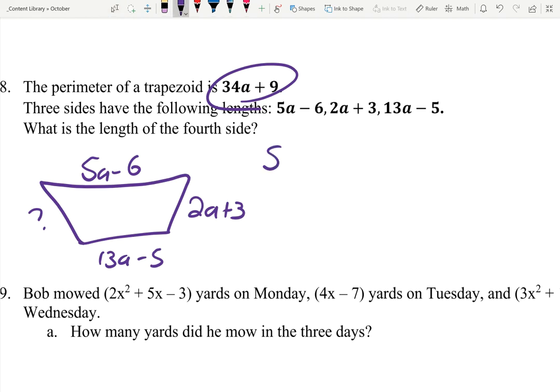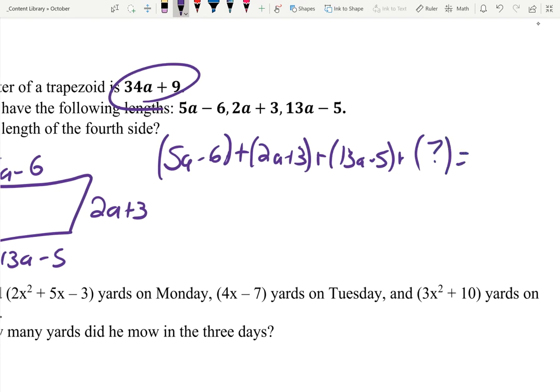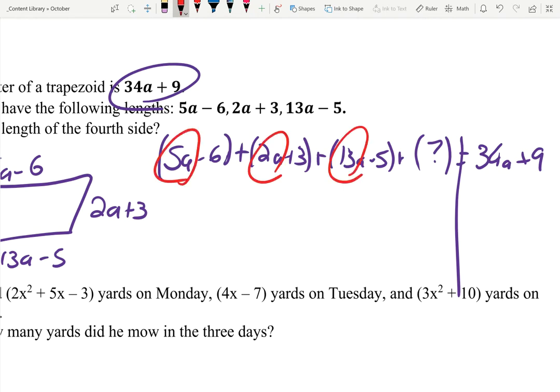So let's try adding these up: 5a minus 6, plus 2a plus 3, plus 13a minus 5, plus some other side, which we don't know, is equal to 34a plus 9. I would, of course, try to simplify as much as I can on that left-hand side. So I see the a terms. Let's put all these together to make things easier. So 5a plus 2a plus 13a.